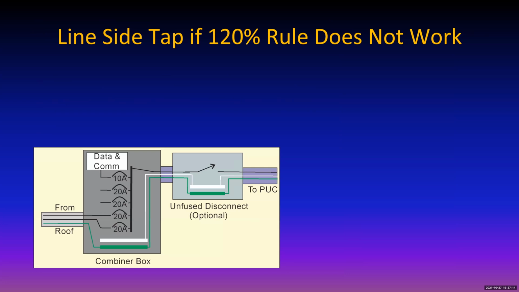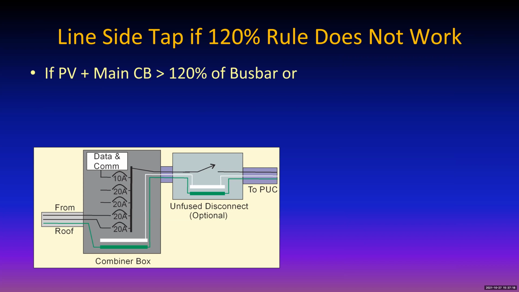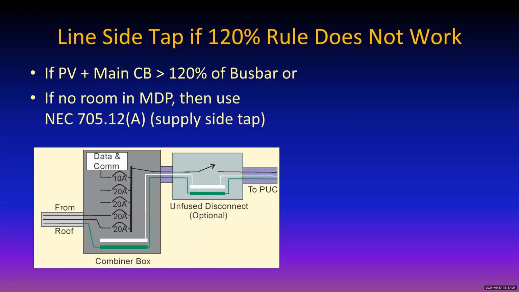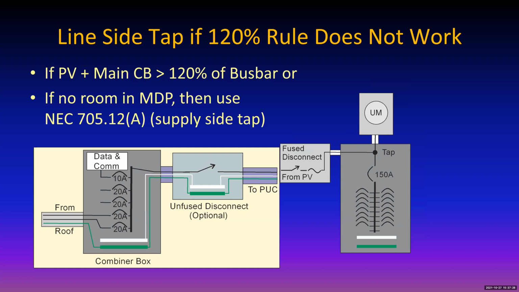Well, all right, here's what's coming down from the roof, and what you might try is, if the solar plus the main circuit breaker exceeds 120% of the bus bar, or if there's no room, then you can do what's called a line side tap.